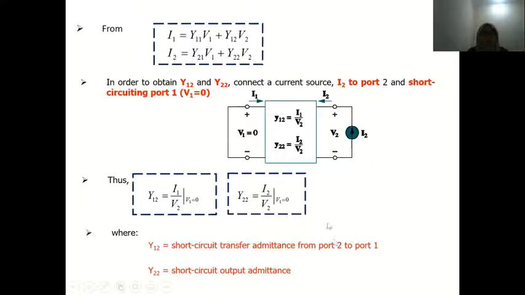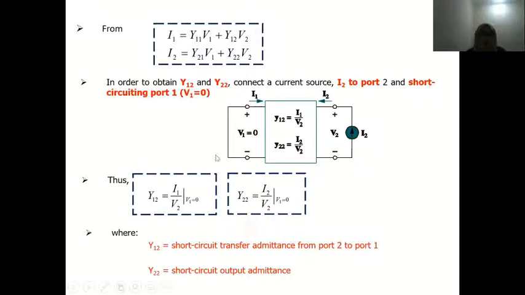Next we obtain Y12 and Y22 by connecting the current source I2 to port 2 and short-circuiting the input port, so V1 equals 0.